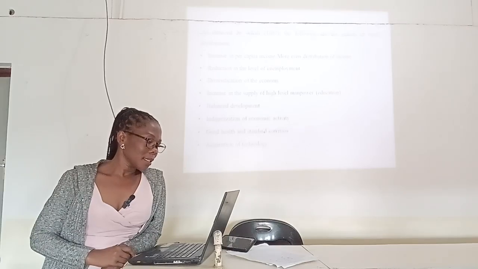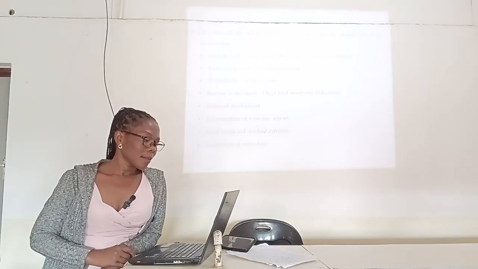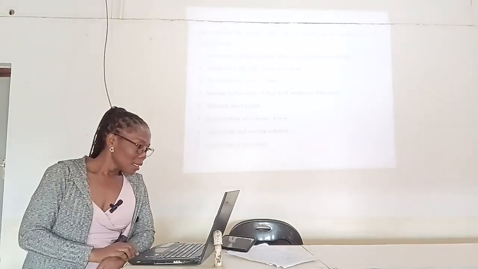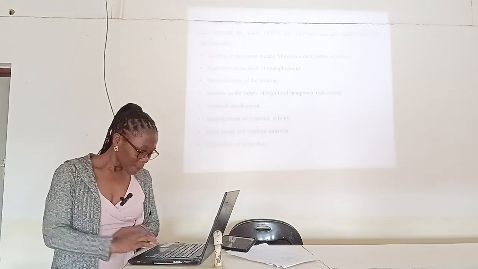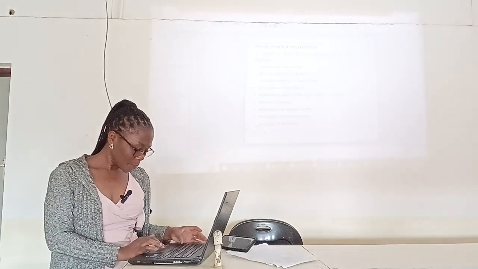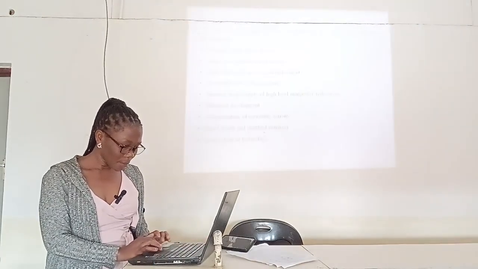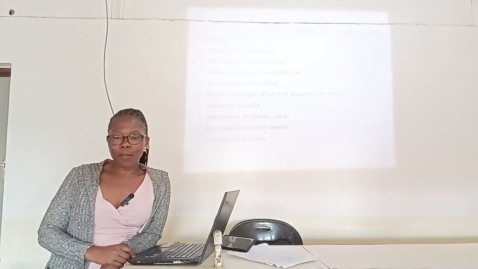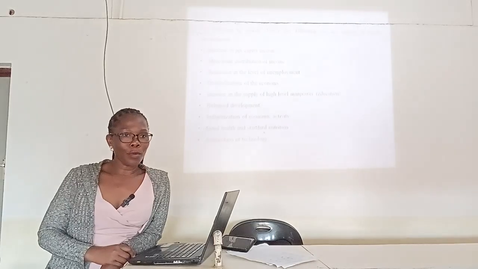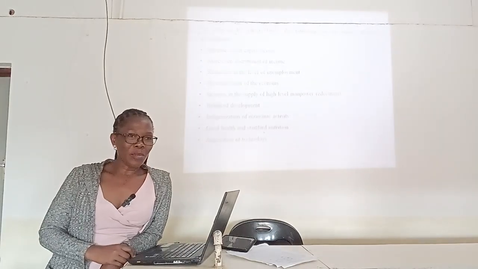According to Akali, the indices of rural development include increase in per capita income, more even distribution of income, reduction in the level of unemployment, diversification of the economy, not only focusing on one area, like maybe focusing only on agriculture.